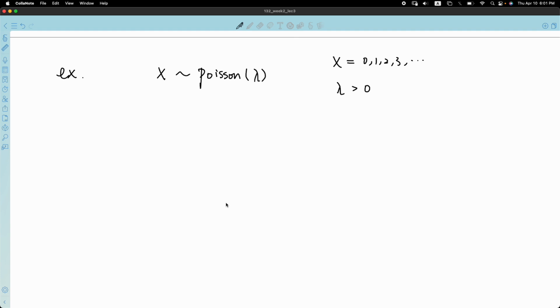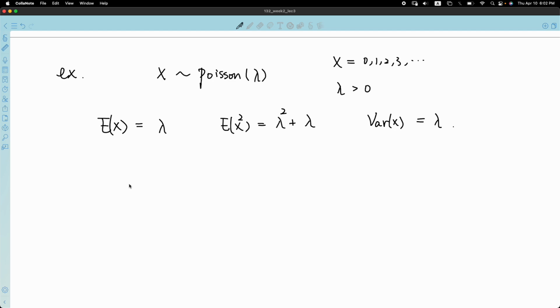That's what we had from last week. Can someone take a look at your notes from last week? What is the expectation that we have from there? Lambda. Okay. Did we do the second moment? The second moment is lambda squared plus lambda. Okay, so that means the variance is also equal to lambda.